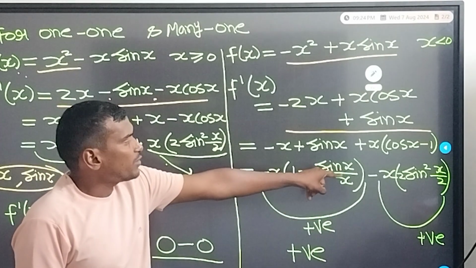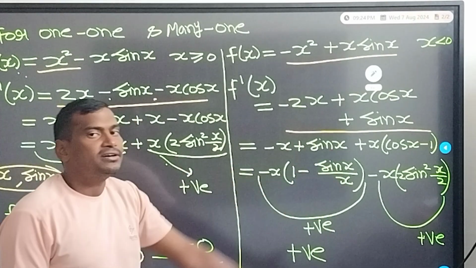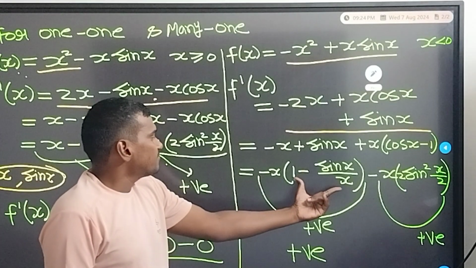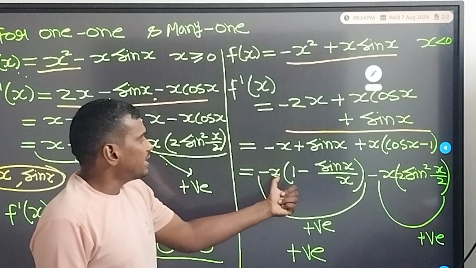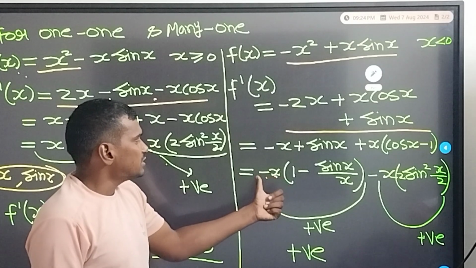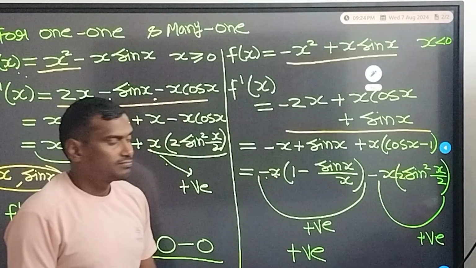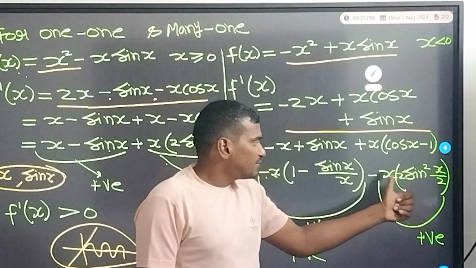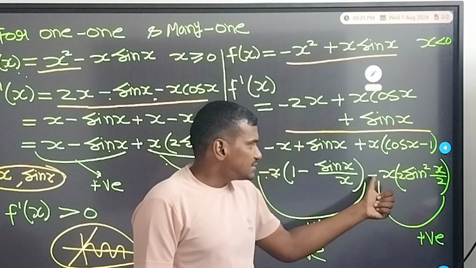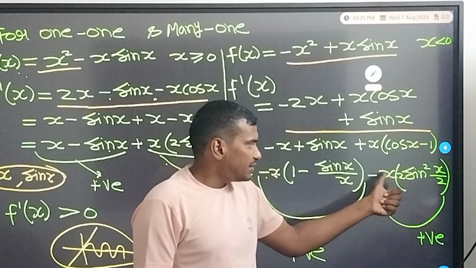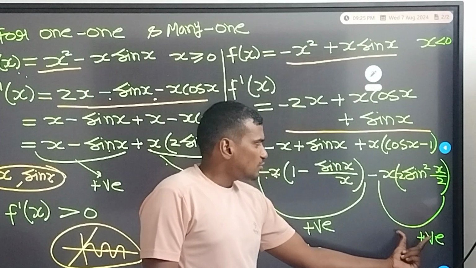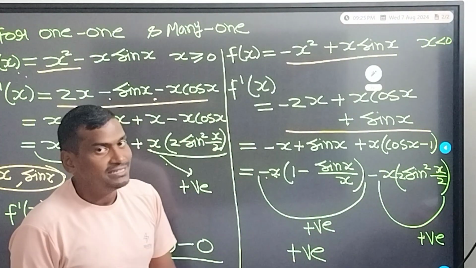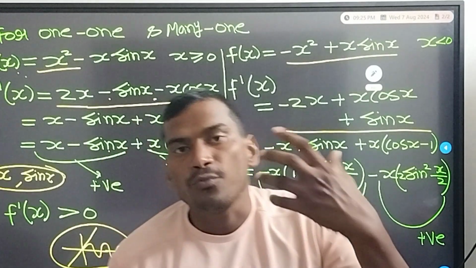Its value is 0.999. We study in chapter called limits. So this is positive and x is already negative. Negative into minus positive. So this part is positive. 2 sin square x by 2 is always positive. Minus x. So minus is minus and x is negative. Negative and negative positive. So this part also positive, this part also positive. Overall is positive. That means dy by dx is always positive.